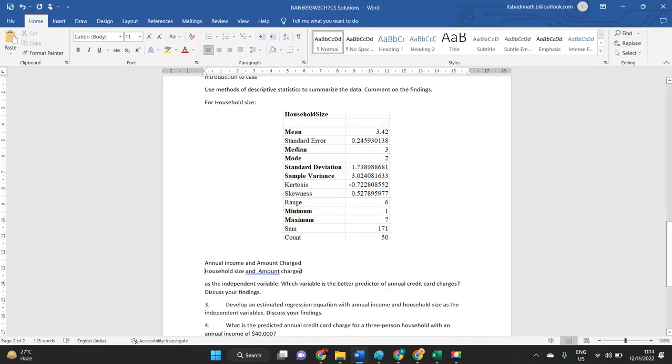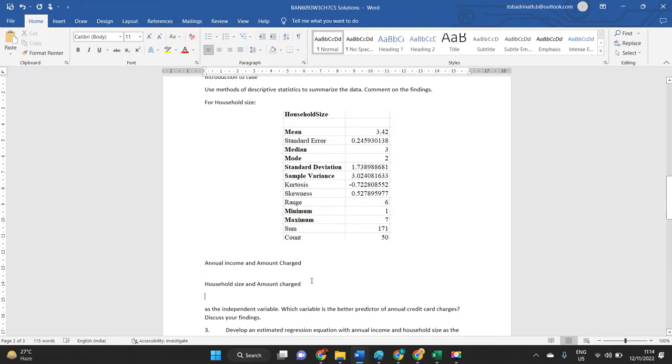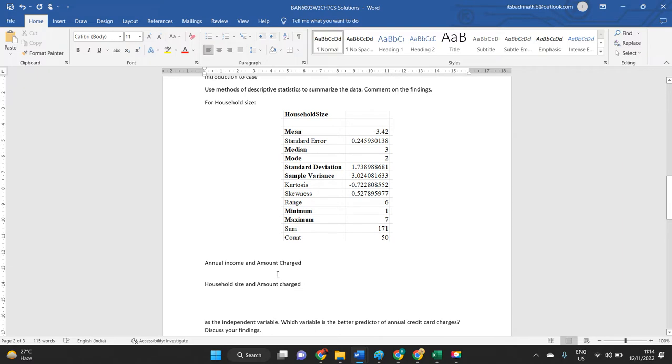For these two relationships, we are supposed to create a linear regression equation, explain how the two can be evaluated, and say which of them is the best one.